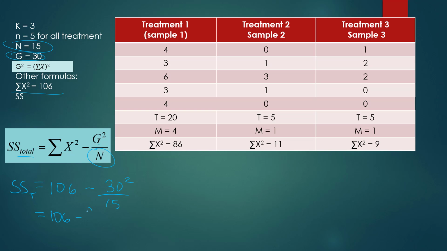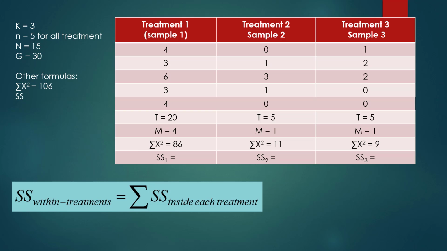So 106 minus 900 divided by 15, which is 106 subtract 60, which gives us 46. So that's our sum of squares for the total experiment.